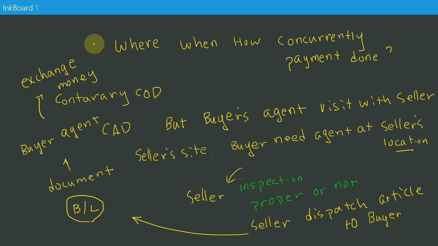Okay, understand. But one thing we have to keep in mind in both of these concurrent methods, COD and CAD, is that the seller's risk always exists. What's the risk? The buyer rejecting to pay for the product, or rejecting the documents.